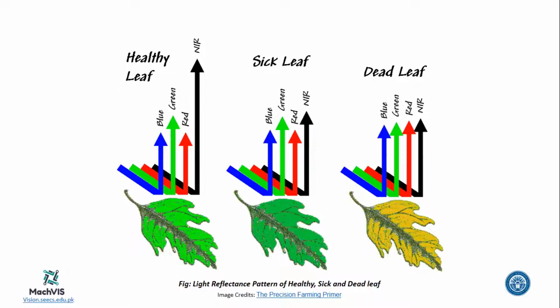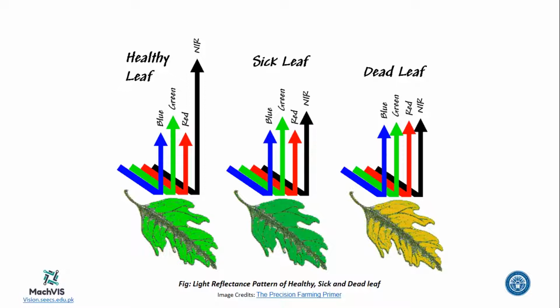If the leaf is under stress, you can see the reflectance pattern of the NIR. Under stress, low reflectance, low intensity values, the crop is under stress.